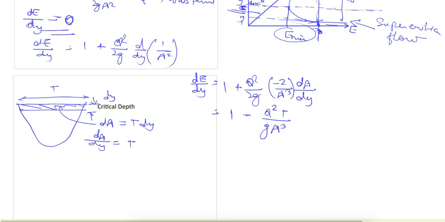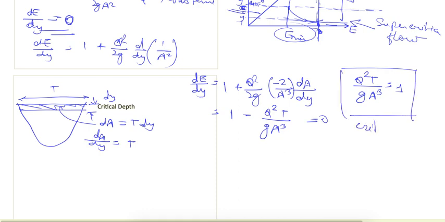For specific energy to be minimum, dE by dy should be equal to 0, so we get the condition q square T upon g A cube is equal to 1. This is the condition for critical flow. We can further derive from this by rearranging the parameters: q square upon A square into T upon g A is still equal to 1.